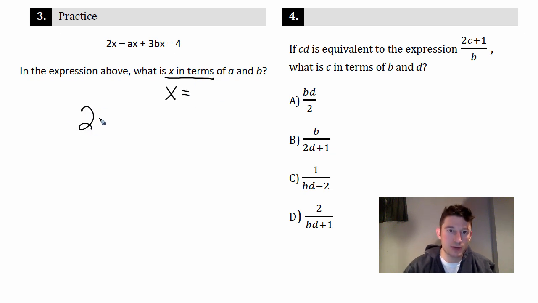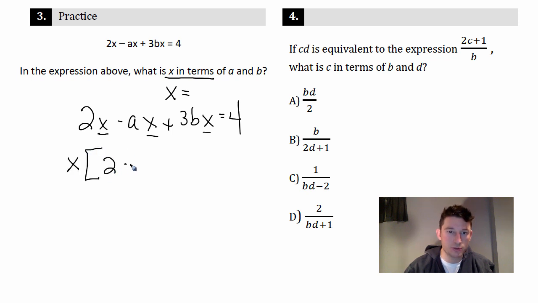Let me rewrite it. 2x minus ax plus 3bx equals 4. So since there's an x in all of them, I'm going to factor it out. So that's going to be x times 2 minus a plus 3b.